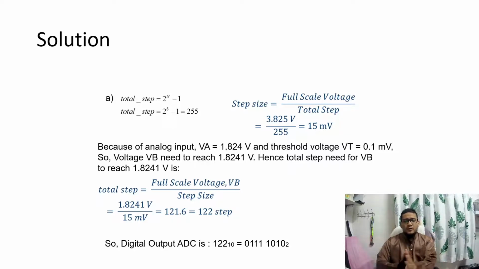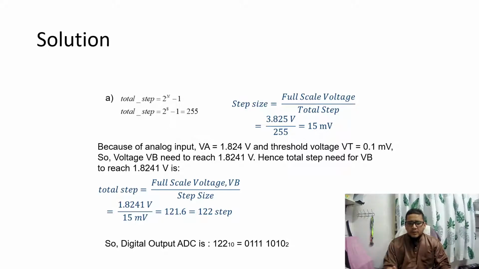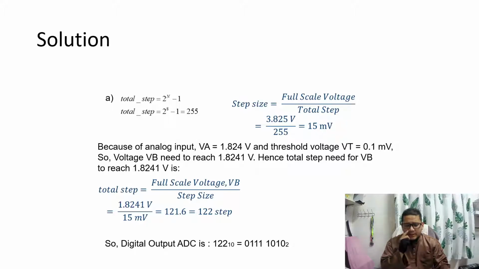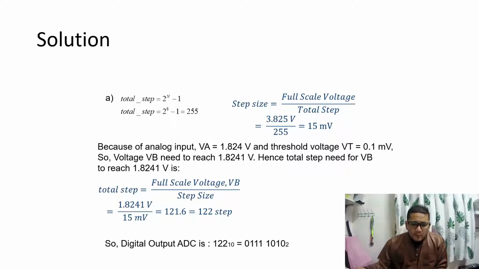Okay, now because the analog input VA adalah 1.824 volts and the threshold voltage VT equal to 0.1 millivolt, so the VB kita need to reach adalah 1.8241. So kita plus 1.824 plus 0.1 millivolts. Hence, the total VB to reach is 1.8241 volts.